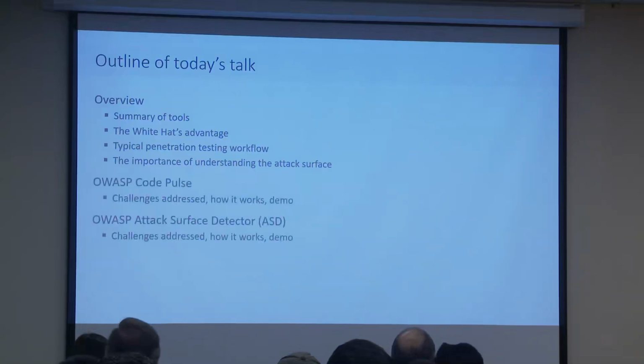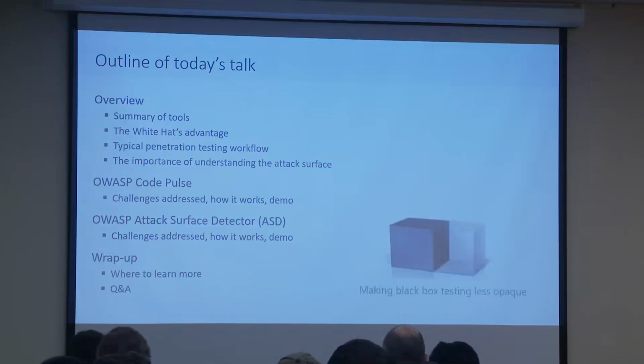Then we'll talk about both of the tools, OWASP CodePulse and the OWASP Attack Surface Detector, what challenges they address, how it works, and a short demo for each of those. And then finally wrap up with some pointers to where you can find more information and some Q&A. In the end, I hope that you learn and see how we can make black box penetration testing less opaque.